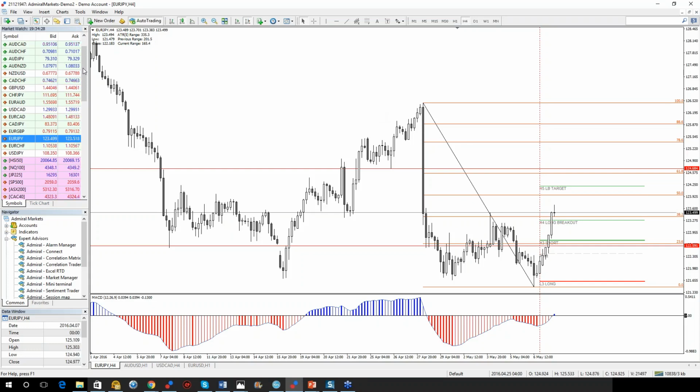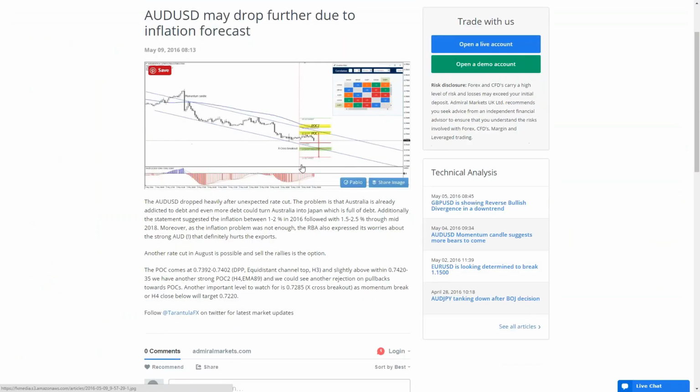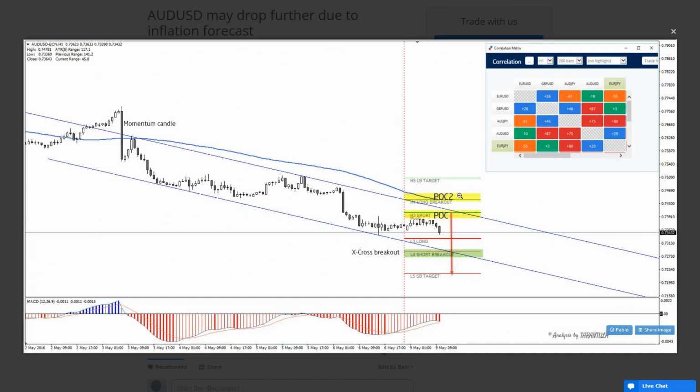So now it's time for questions. The first question was, can I show you stop loss when I do the analysis on admiralmarkets.com? Well, obviously, if you take this trade here, your stop loss should go above last high. And if you take a trade here, stop loss could go either here or there.